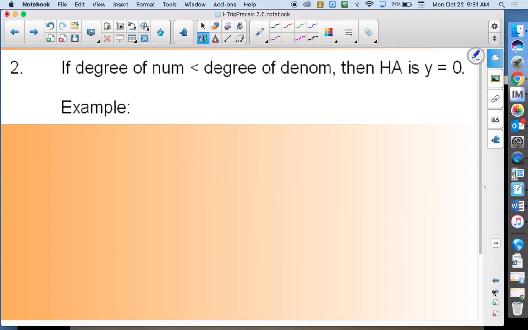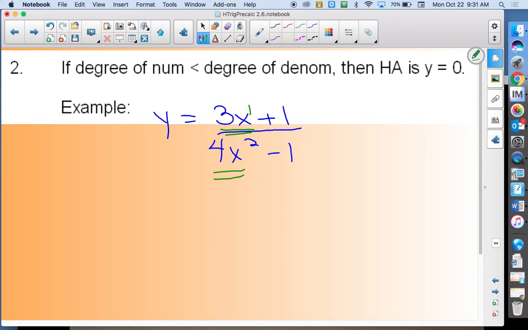The second shortcut rule says if the degree of the numerator is less than the degree of the denominator, then the horizontal asymptote is at 0. So if I take that same equation, but change it to 3x plus 1 over 4x squared minus 1. So we're looking at the power of the top versus the power of the bottom. The rest of it doesn't matter.